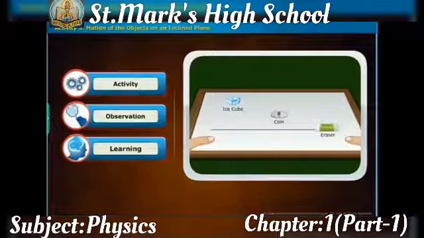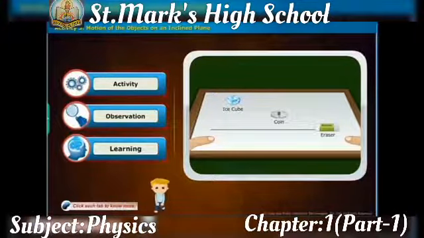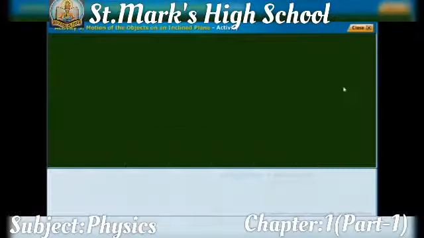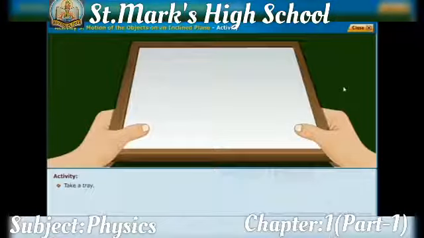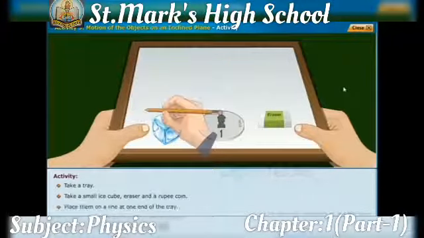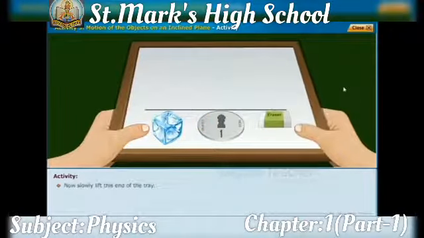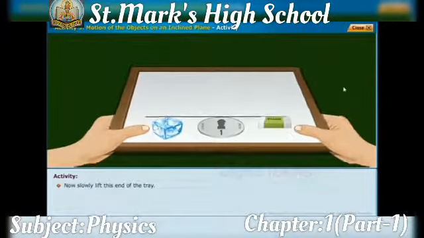Now, let us perform an activity to observe motion of the objects on an inclined plane. Click each tab to know more. Take a tray. Take a small ice cube, a razor, and a rupee coin. Place them on a line at one end of the tray. Now slowly lift this end of the tray.